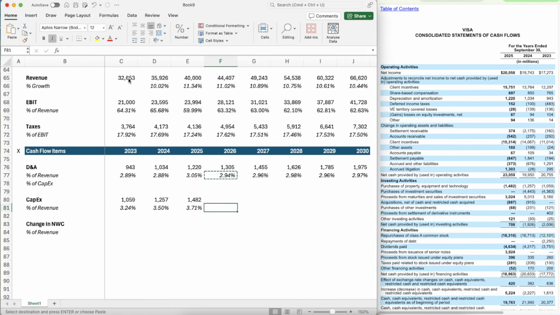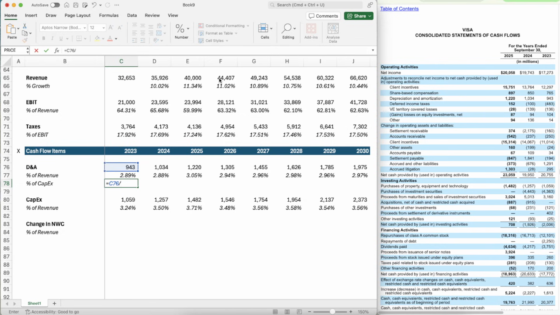Just copy the formatting from that cell, and there we go. Revenue multiplied by the percentage of revenue, we have it.